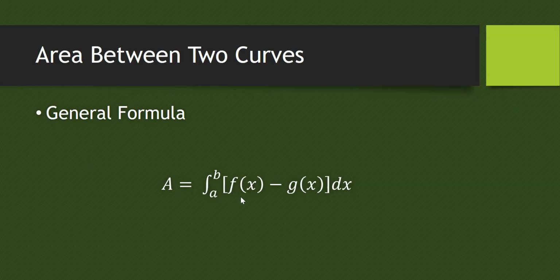And so you'd always want to put the curve that's on top as your f of x and the curve that's on bottom as your g of x. Obviously, that depends on the region, because in the region we looked at, the line was on top, but there are other regions where the parabola would be on top. So the f and the g are going to depend upon which one's on top in the region we're looking at.